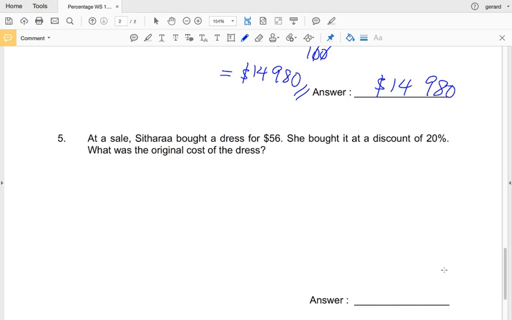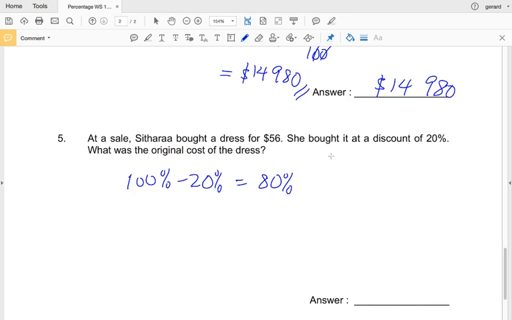She bought it at a discount of 20%, which means this $56 is actually not the 100% original cost of the dress. Sitara actually bought it at 80%. So how do we get 80%? 100% minus 20%, which is the discount. This will give you 80%.